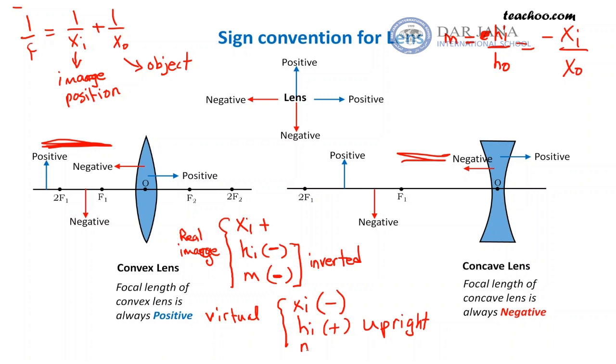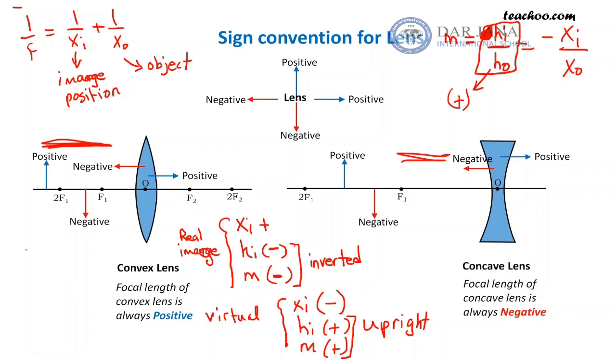The magnification should be positive, just like the height. The height and the magnification always have the same signs since there is no negative here. So hi over ho. ho is always positive. What changes here is hi. If hi is negative, so it's inverted, so the magnification is negative. If hi is positive, so the magnification is positive.